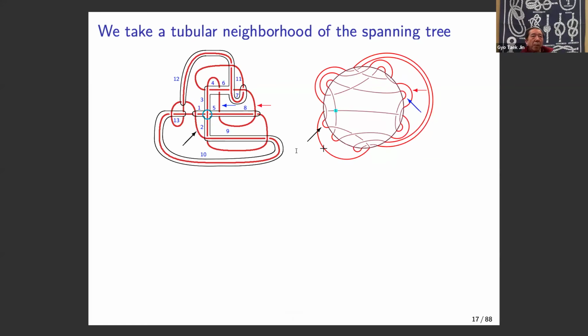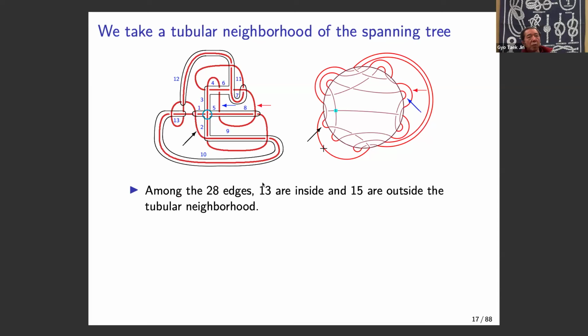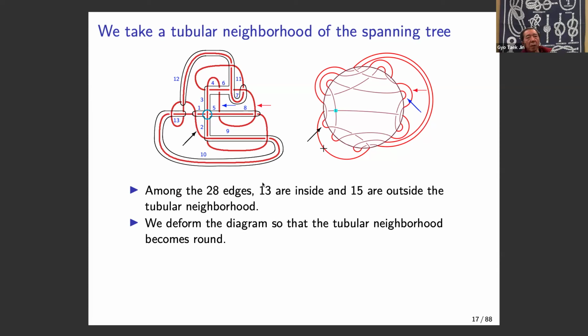Here we take a tubular neighborhood of the spanning tree. So this black curve is actually a circle. Among the 28 edges of this 14 crossing knot, 13 are used to make the tree. So these 13 are inside the tubular neighborhood, and the remaining 15 are outside. And we deform the diagram so that the tubular neighborhood becomes round, as in the figure on the right.